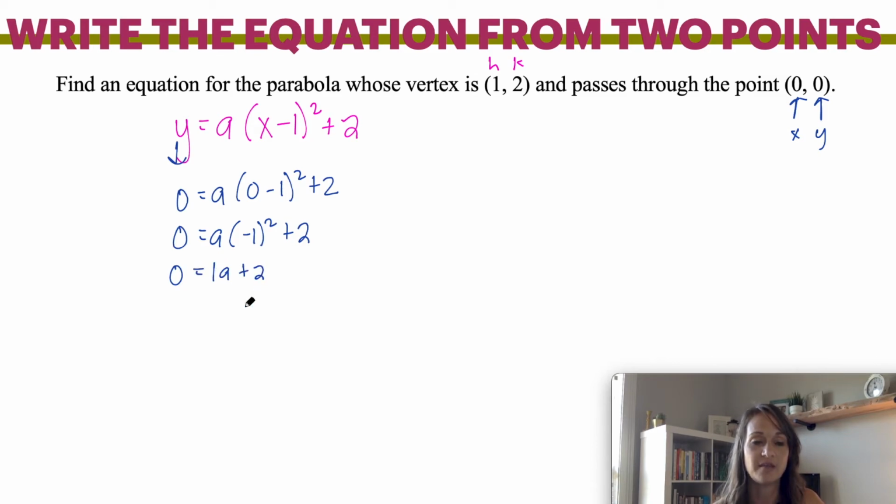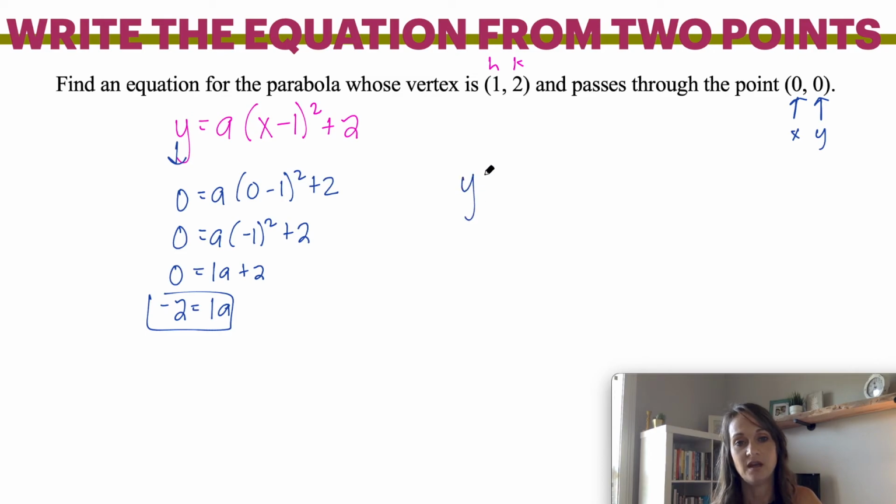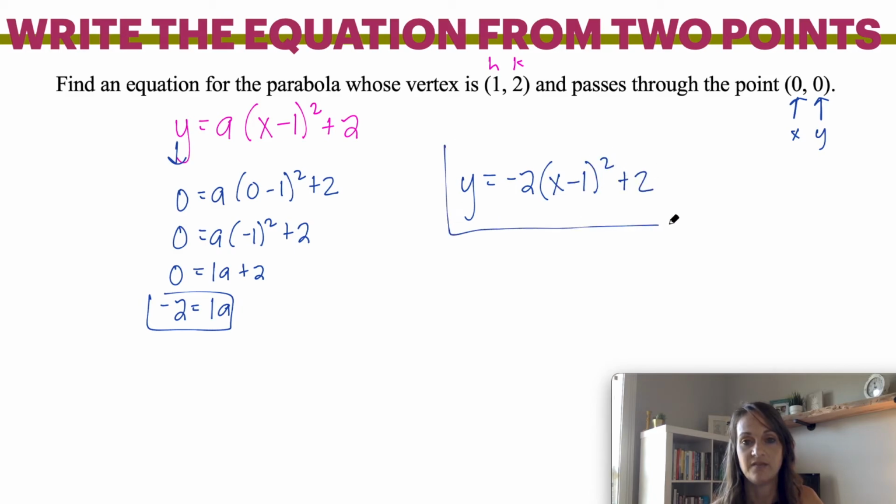So to solve for a, I'm going to subtract 2, and then a equals -2. So therefore, we know that a is -2, and then we know our vertex, and we have now been able to write an equation from these 2 points.